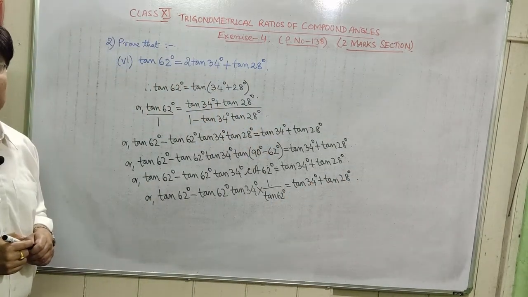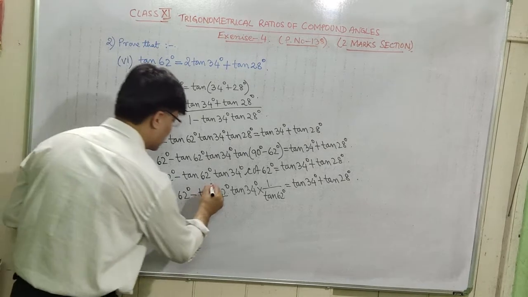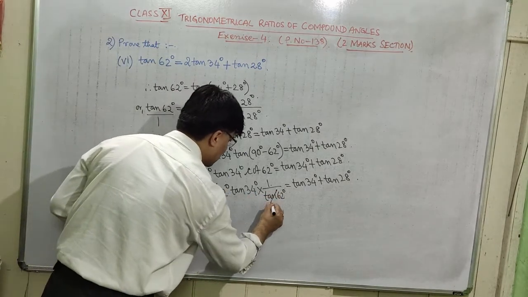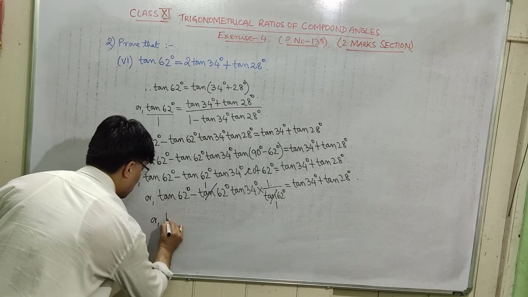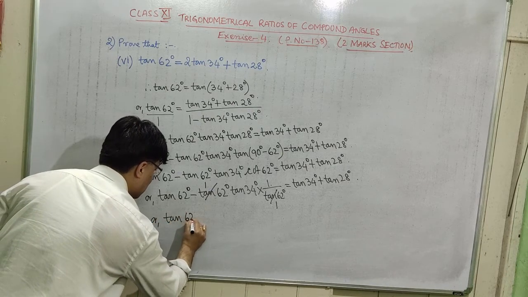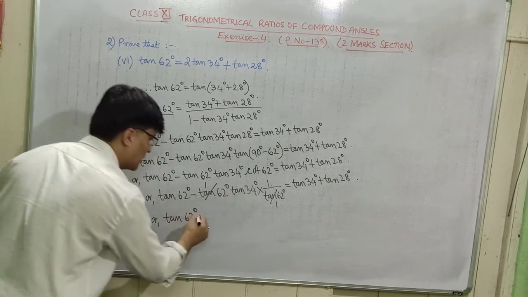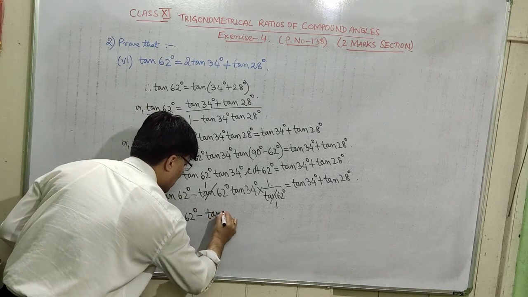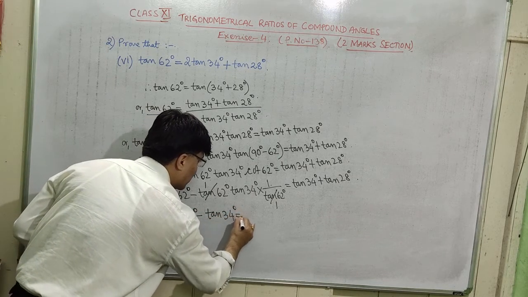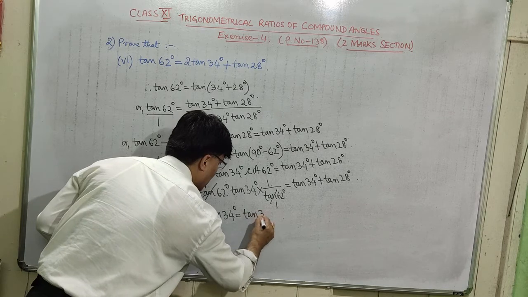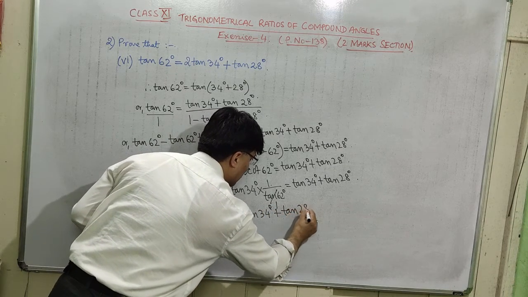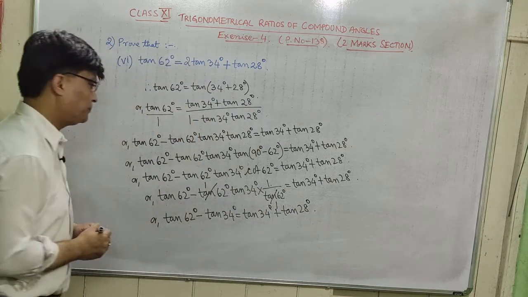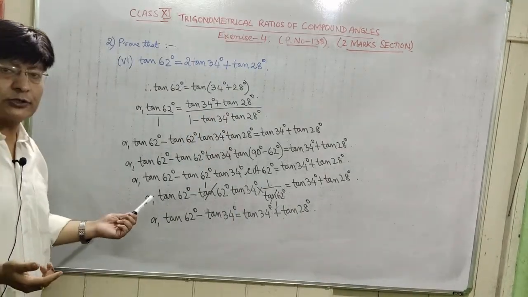So I think you have understood it. So you can cancel the term here, tan 62 and tan 62 can be cancelled. So what do we get? This is tan 62 degree minus only tan 34 degree is equal to tan 34 degree plus tan 28 degree. So I think you have understood it.